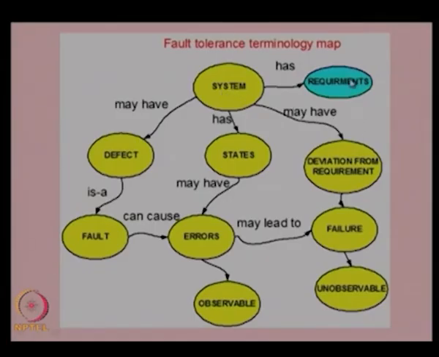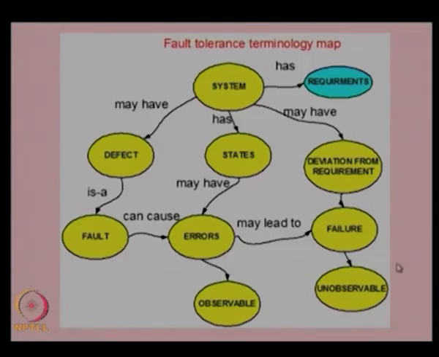So, there are requirements for the system and there may be a deviation from the requirement, and this is known as the failure of the system, and the system as such cannot observe the failure. So, because the system does not know what it is supposed to do, only the customer or the consumer will be knowing what it has to do. So, the system as such cannot identify its failures.